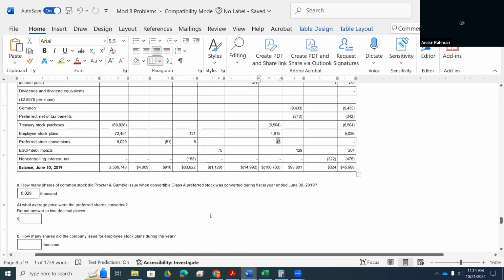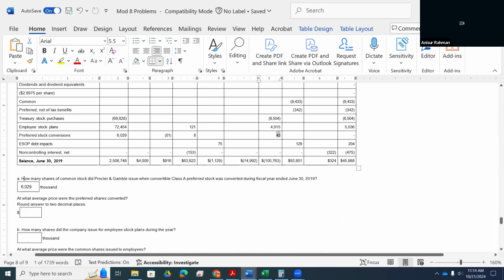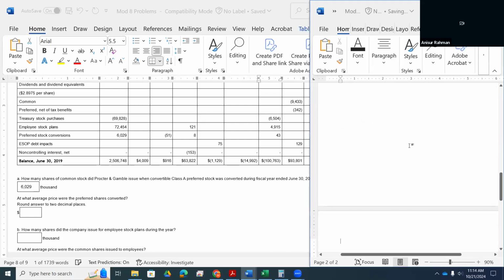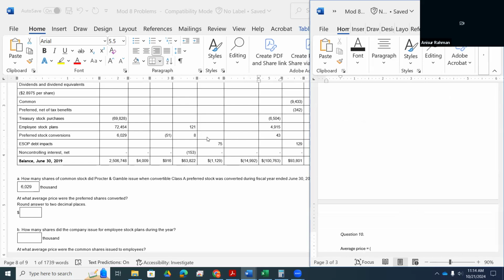So for our second part of A, I'll write down question 10. Average price will be our $43 plus 8, 51. We can directly write down this 51.